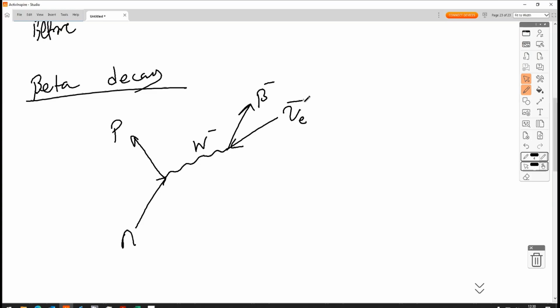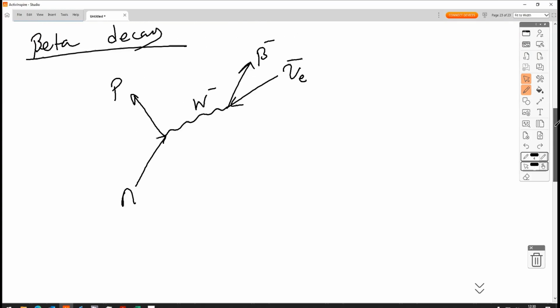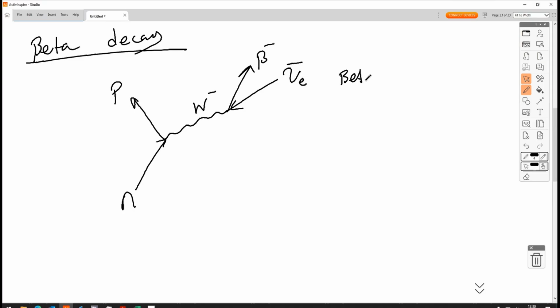Now, I have drawn the antiparticle arrow as going backwards. The particle itself is not actually going backwards, just by convention we draw them as going backwards. So the backward arrow just says it's an antiparticle, but it's still going up, because time goes that way. We'll save questions for later. So this is beta minus. And the equation for that is a neutron becomes a proton plus a beta minus plus an electron type antineutrino.